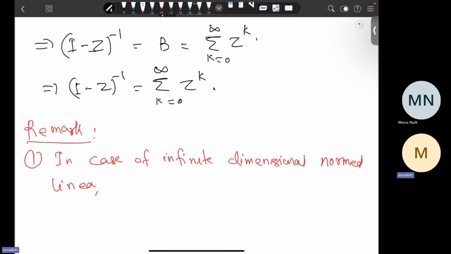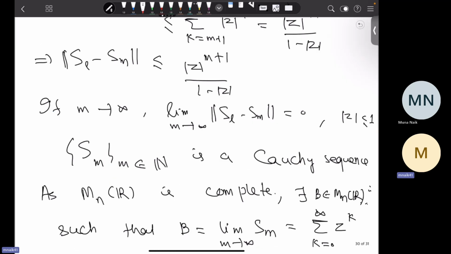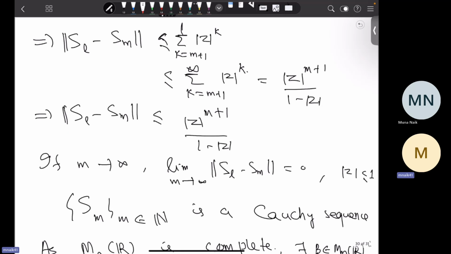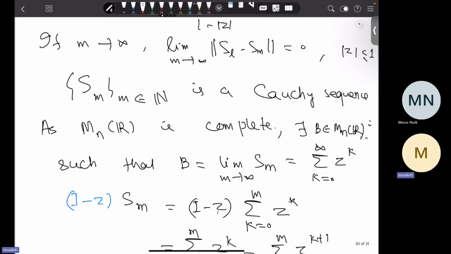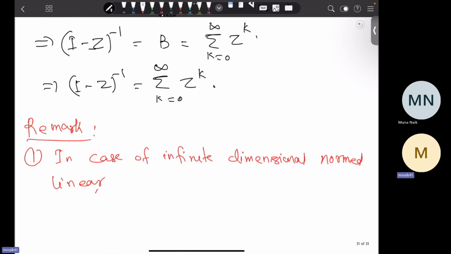I told you that this proof doesn't use one thing, so this proof will generalize to a Banach algebra.